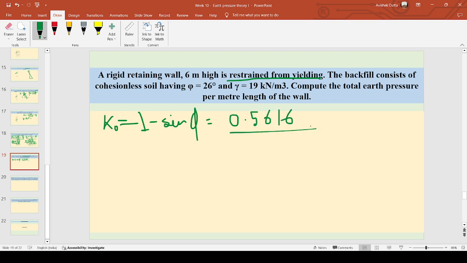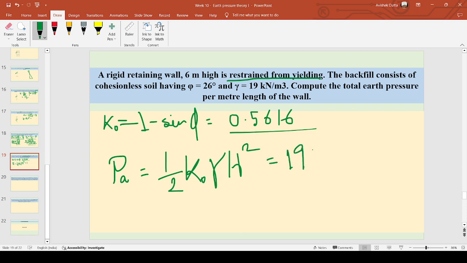Now I have told you to find earth pressure per meter length of wall, so this is actually the force condition. I'll say half K0 gamma H square. Half K0 is this, gamma is 19, H is 6 meter. You put everything and you'll get around 192.1 kilonewton per meter.